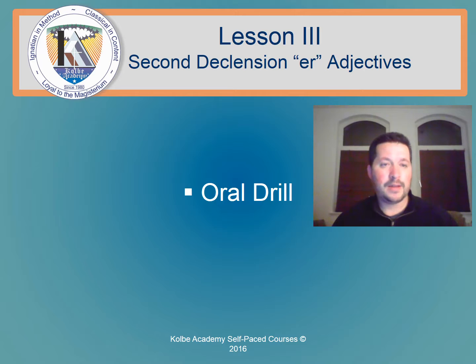Okay, hopefully here you said equum egrum. Oh, this is as a direct object. Let's put it in the nominative. So sick horse, what would it be? Equus egrus. Let's try another one.